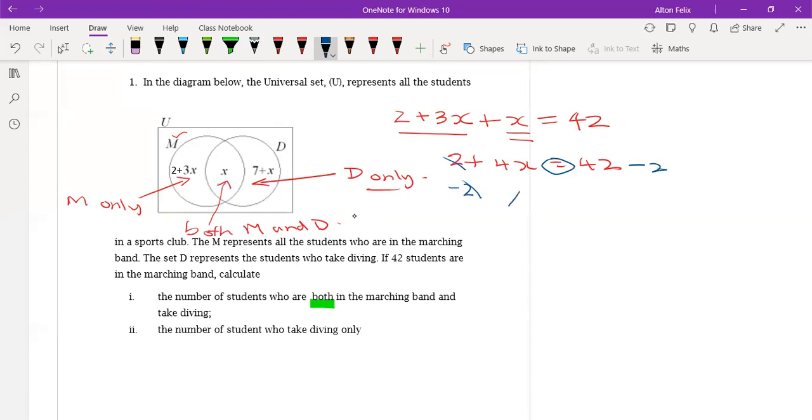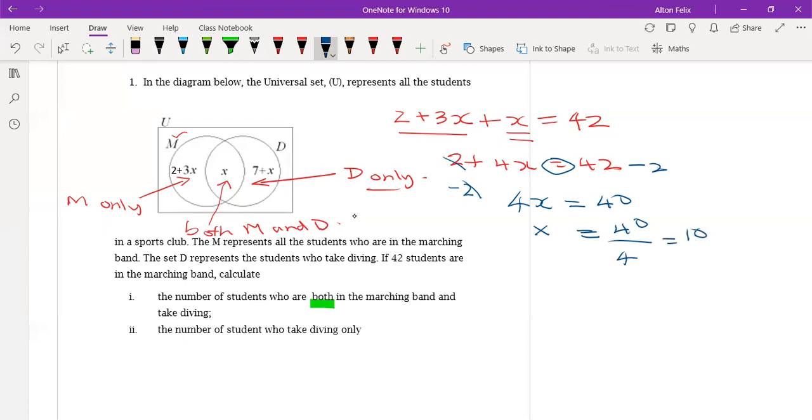So what we are left with is 4x equals 40, and therefore x will be 40 divided by 4. That gives us 10.